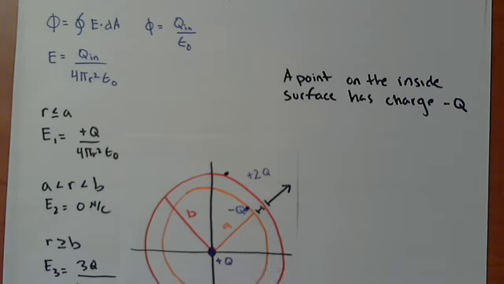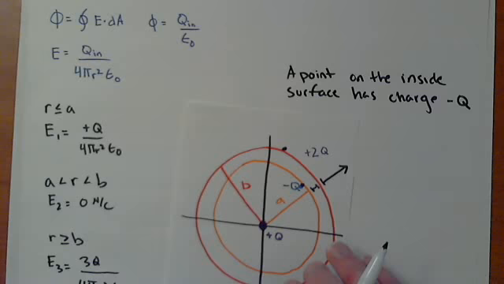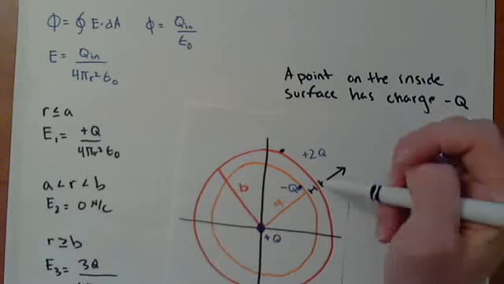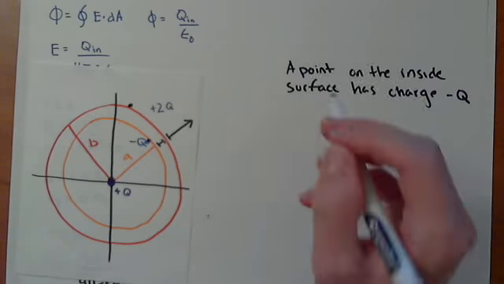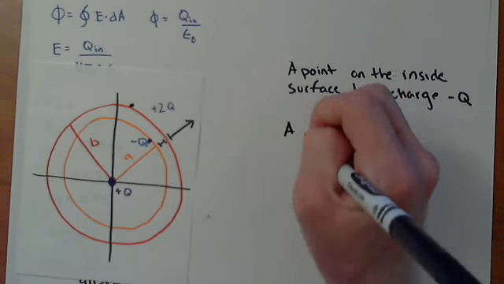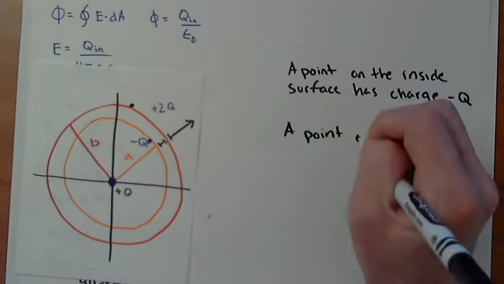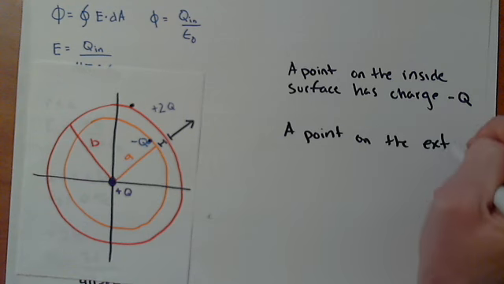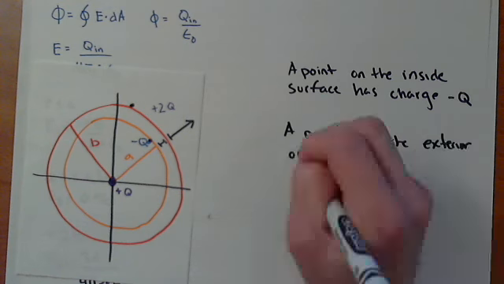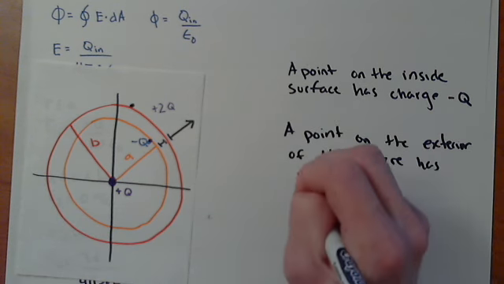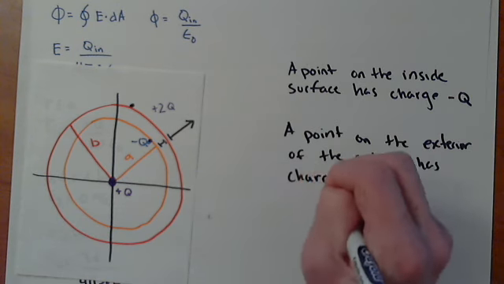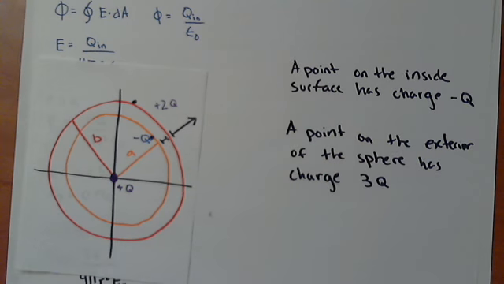Well, with this equation, we determined that the charge outside of the sphere was equal to 3Q. So a point on the exterior of the sphere has charge 3Q. And that is it.